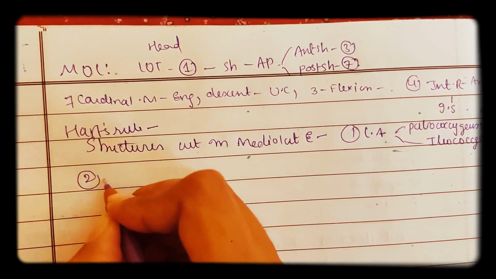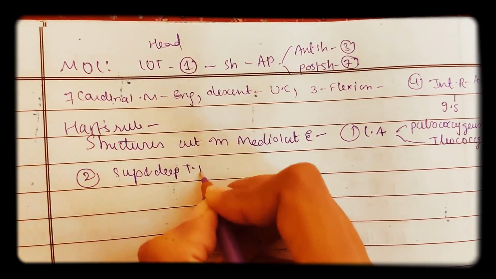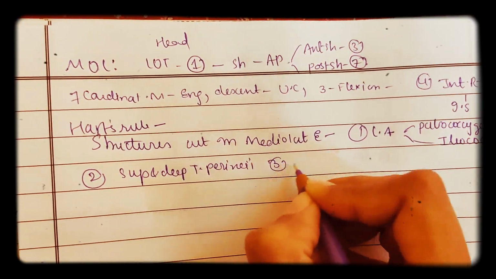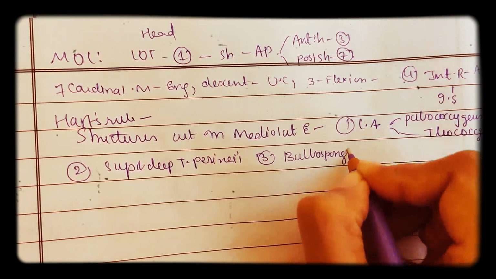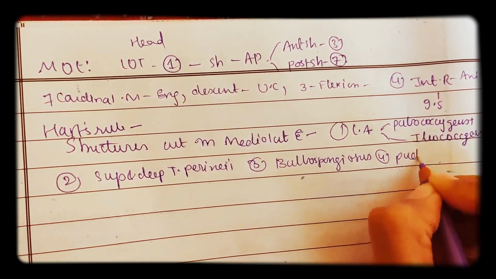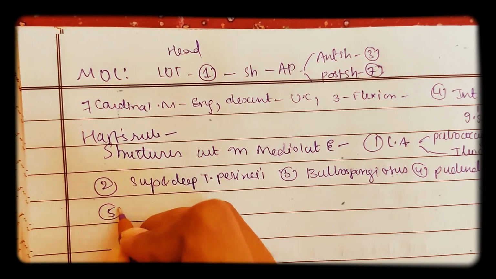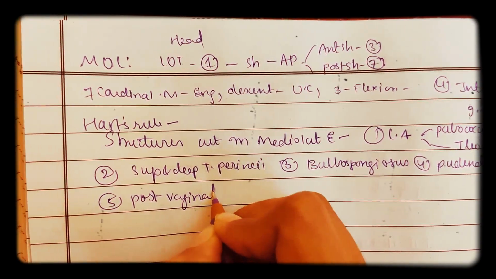The second cut structure is the superficial and deep transverse perineae, third comes the bulbospongiosus, and fourth comes the pudendal nerves and vessels. Fifth comes the posterior vaginal wall. So all these are cut in episiotomy.